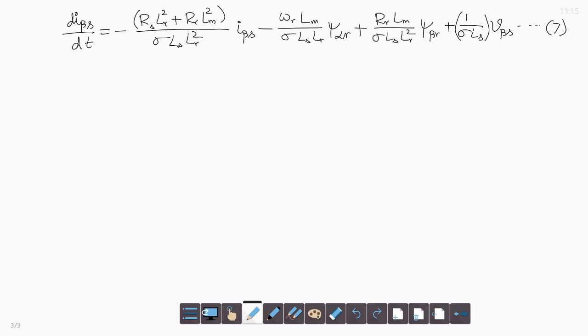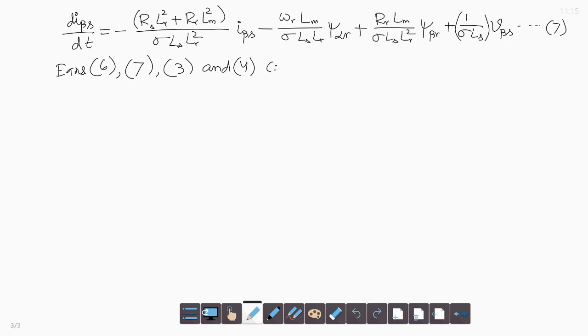So, equation 6, that is d I alpha S by dt, equation 7 that is d I beta S by dt, equation 3 that is d psi alpha R by dt and equation 4 that is d psi beta R by dt.